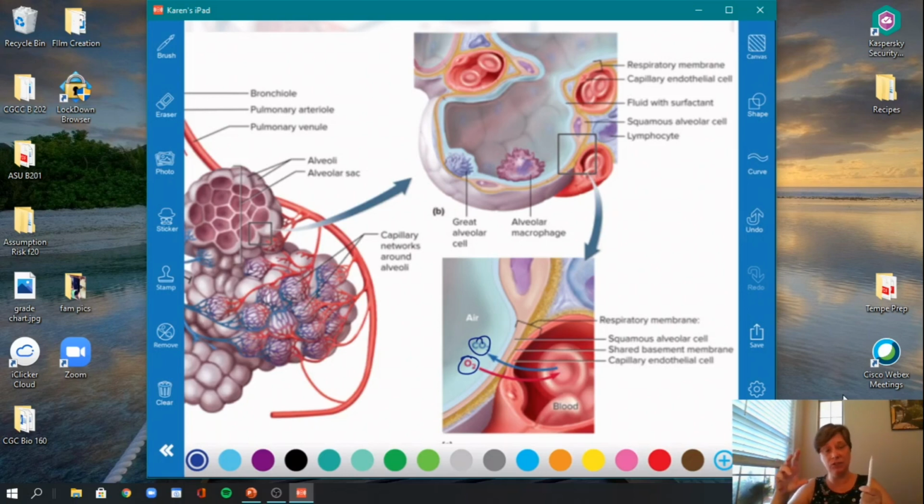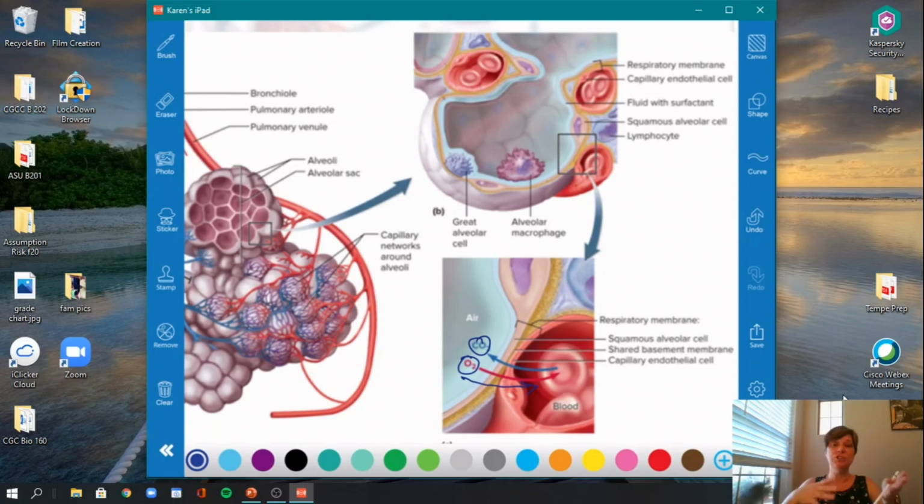Going back to the fact that gases like to spread out, the gas will move in a direction of low concentration. That's what we see here. When you are in the alveoli, you have air, which has a higher concentration of oxygen than the blood does. So you'll see diffusion of oxygen go across those membranes and into the blood to attach to the hemoglobin to be brought to the tissues.